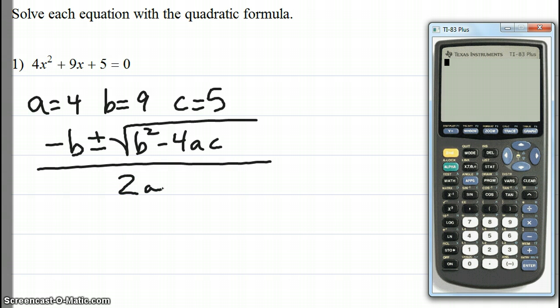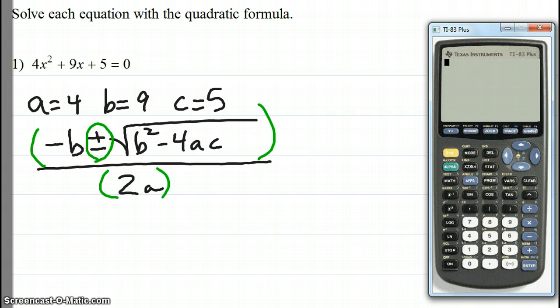So one of the things that you want to know when you plug this into your calculator, you can't do plus or minus. So what you'll do is you'll punch your calculator out twice, one with a positive sign and one with a negative sign. And then the other thing that you have to know, when you put it into the calculator, you have to take numerator divided by the denominator.